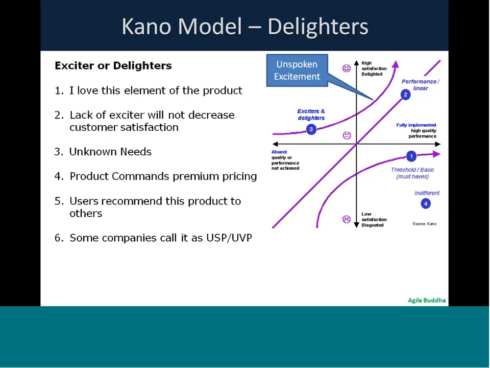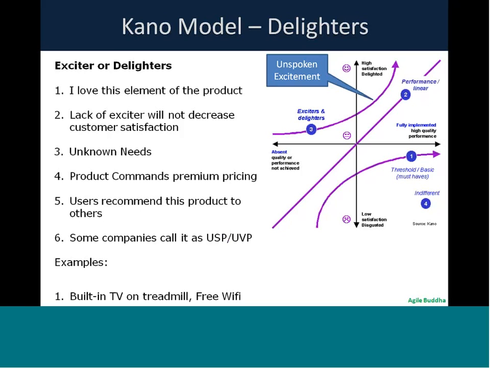And a lot of service companies and product companies position themselves as having these delighters as their unique selling point or unique value proposition when they're talking to the client or showcasing their product to the users.